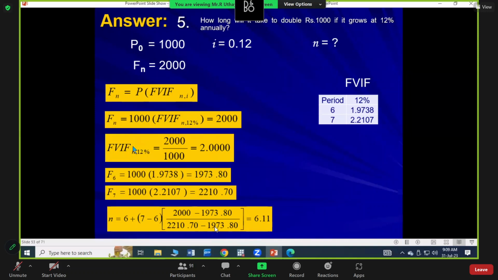So you find this range, and then you can get the value 6.11.